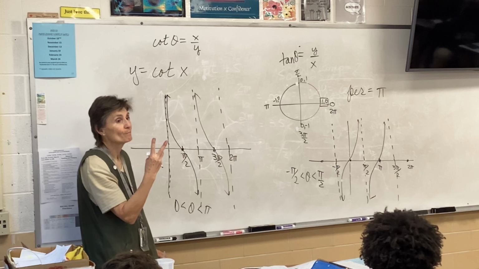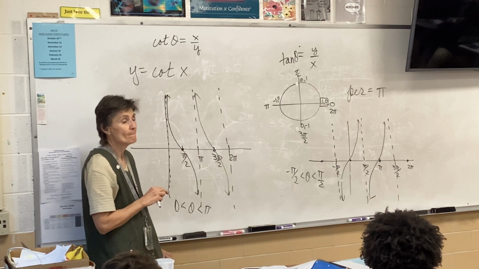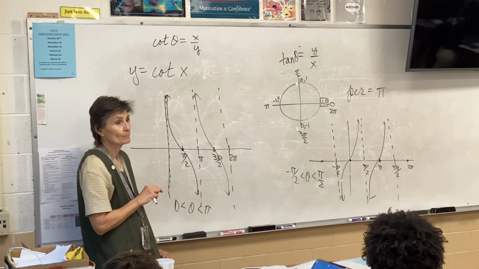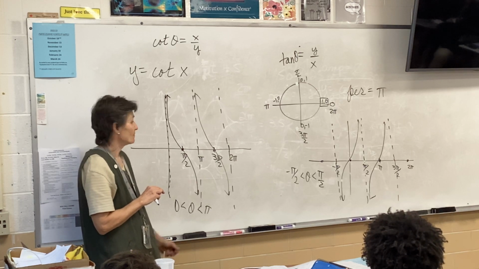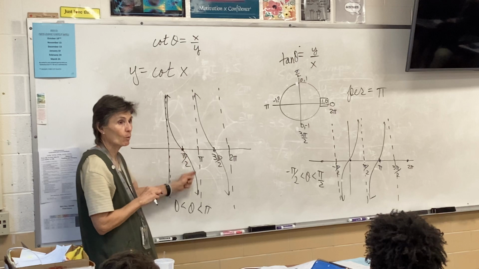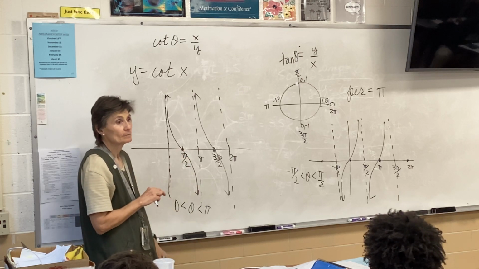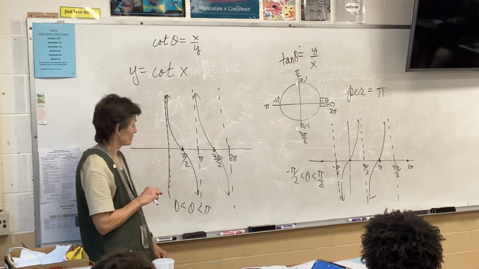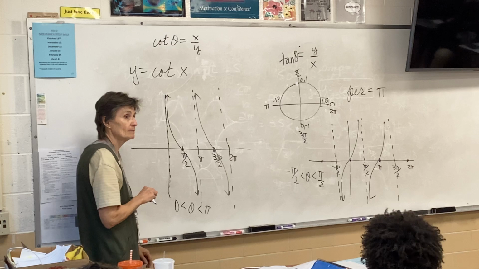It's like when you look at pi over 2 to pi, that would be quadrant 2. So that would mean that your x would be negative and your y positive. Yep. That's why the cotangent's negative in that quadrant. Your x is negative and your y is positive, yes. But in the picture itself, in the curve itself, your x is positive.